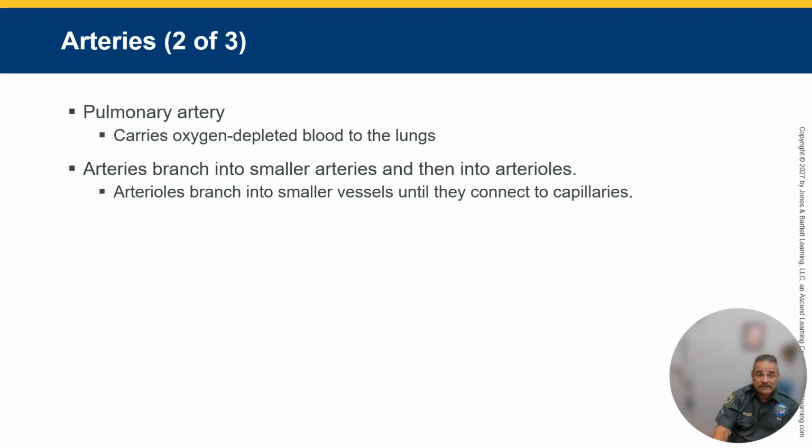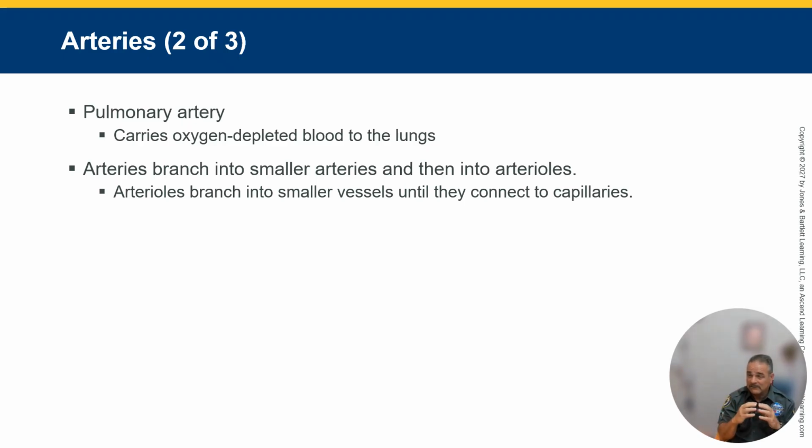Pulmonary artery, it carries oxygen-depleted blood to the lungs. And I want you to remember this. Don't screw this up. I've seen this happen too many times on tests. When we're talking about the pulmonary circulation system, not systemic, it changes the rules. In the pulmonary system, the artery does not have oxygenated blood. It's trying to get it. It's putting it into the heart.